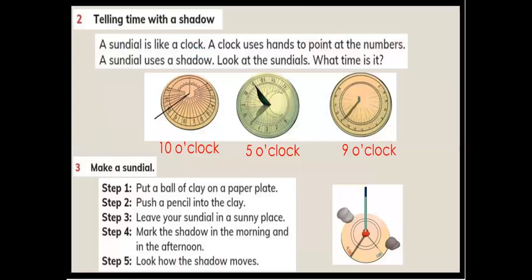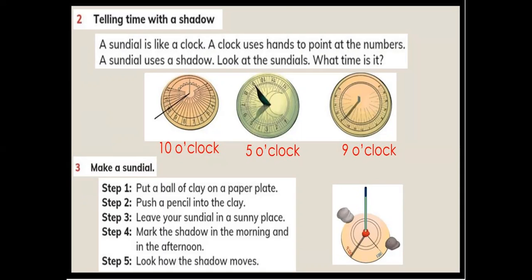Question number 2, telling time with a shadow. Before, in the previous time when there were no clocks, people used to make a sundial and it was like a clock. They used to measure the time. They used to guess the time according to the movement of the sun.